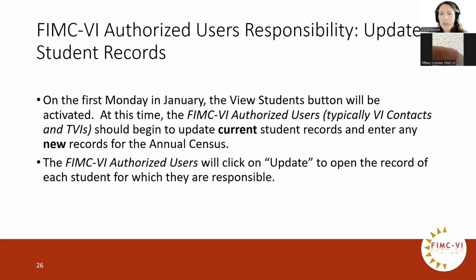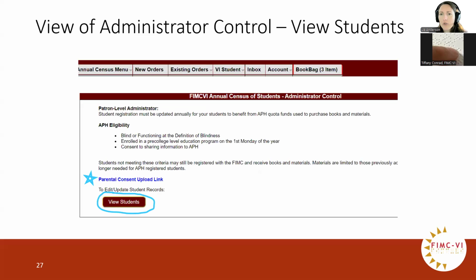So the FIMC-VI authorized users are going to click on Update to open the record of each student for which they are responsible. This next slide will show you that View Students button again. And I do want to just point out here, I think it's a little misleading what it shows on this page. So this is after you've clicked on the annual census menu, and then it takes you here and you see the View Students.